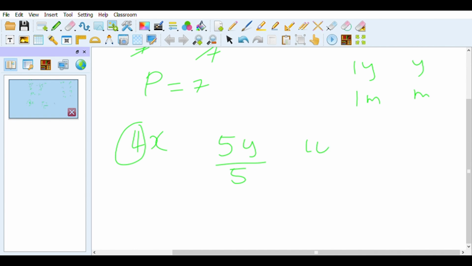If we have 10 multiplying letter a, to get only a, we divide both sides by 10. If we have 14 multiplying letter m, and you're asked to solve for letter m, divide both sides by 14. Always divide by the coefficient. The coefficient, I mean, is the number written together with the letter. Divide both sides by that.